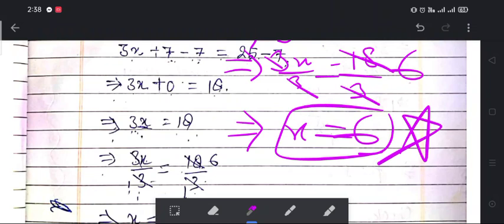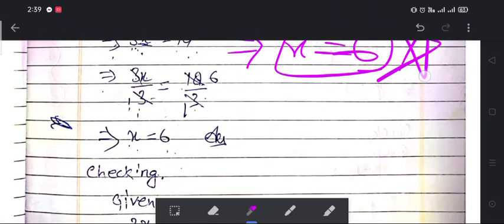Now let's check whether our solution is right or not. In order to check our solution, we have to substitute the value of x in the original equation, and if the left hand side becomes equal to the right hand side, then we are assured that our solution is true. Our equation was 3x plus 7 is equal to 25.